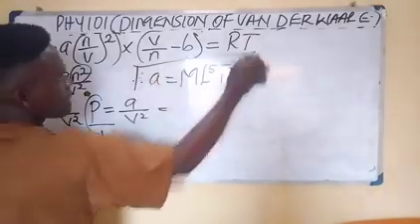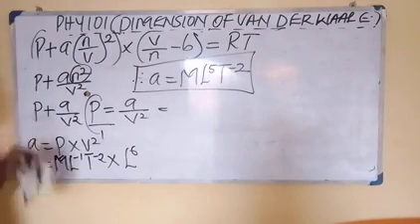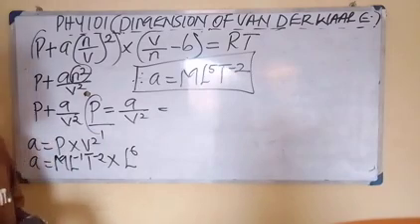So this is the dimension of a from the van der Waals equation.